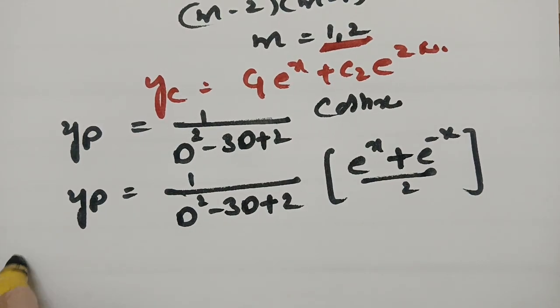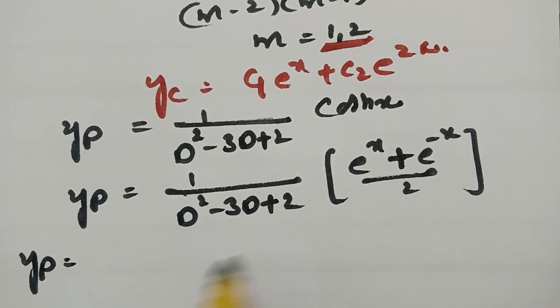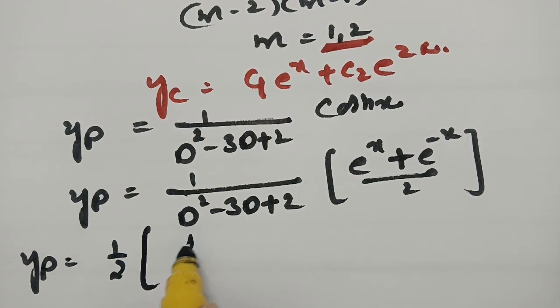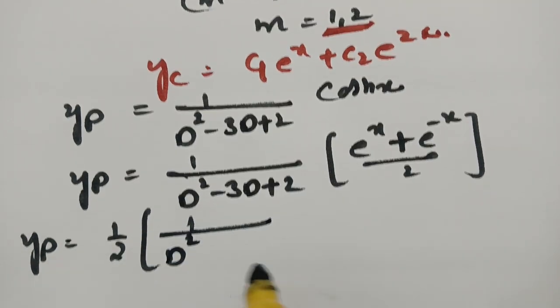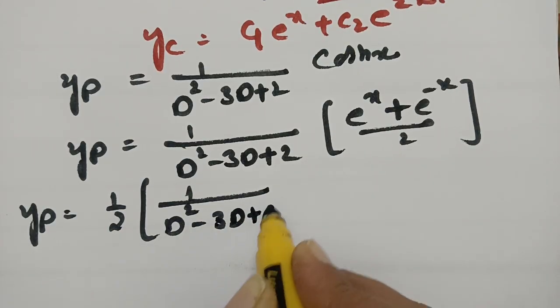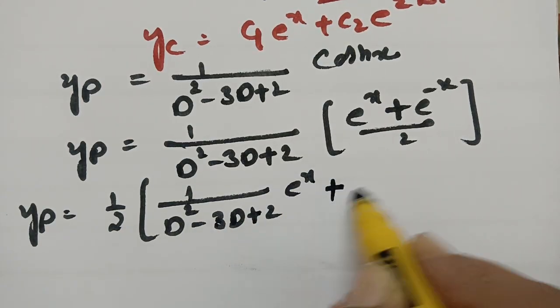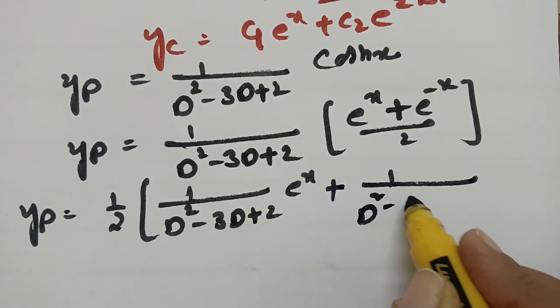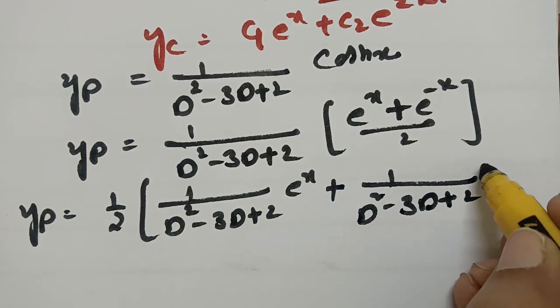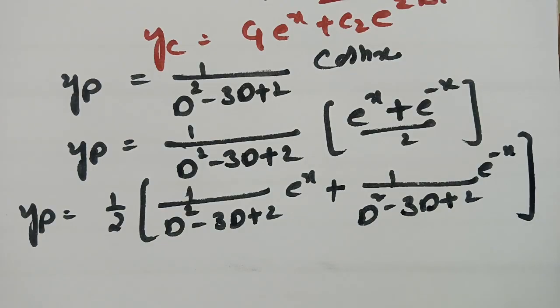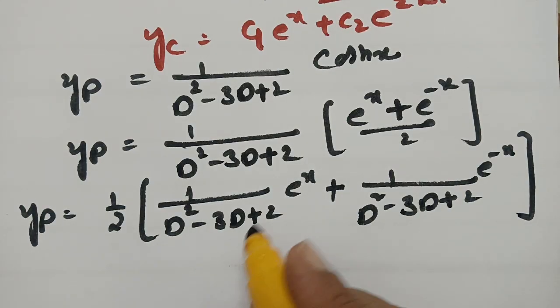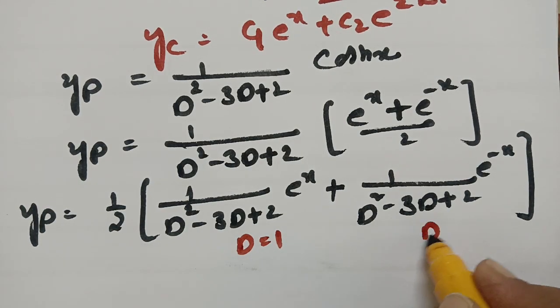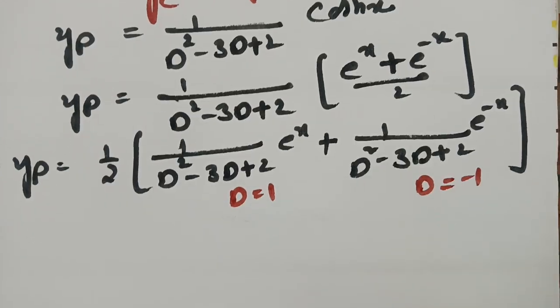So here this is going to become, as this is a half here, half times of 1 by d square minus 3d plus 2 into e power x plus 1 by d square minus 3d plus 2 into e power minus x. So in place of d we have to substitute plus 1 here, and in place of d we have to keep minus 1 here.